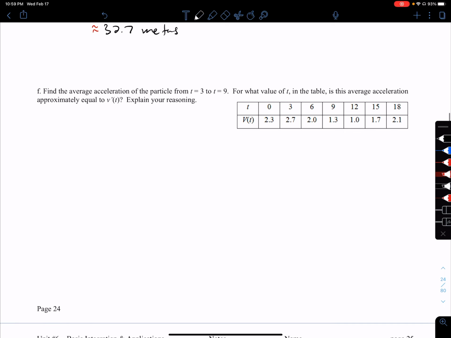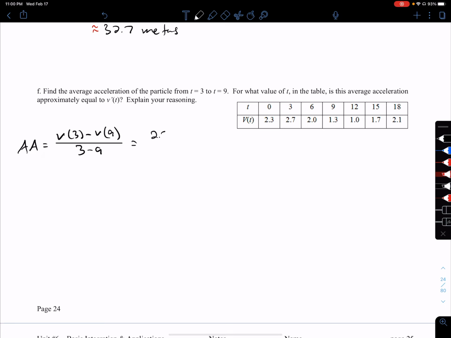All right. So average acceleration, as opposed to instantaneous acceleration, is going to come from taking the velocity at 3 minus the velocity at 9 over 3 minus 9. This is old school slope, algebra 1 slope.